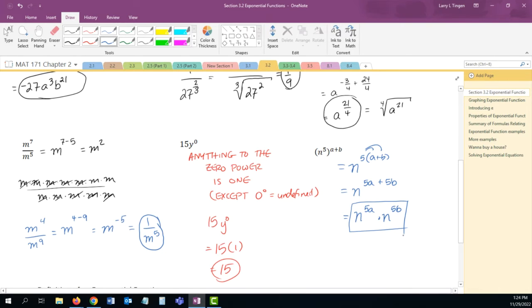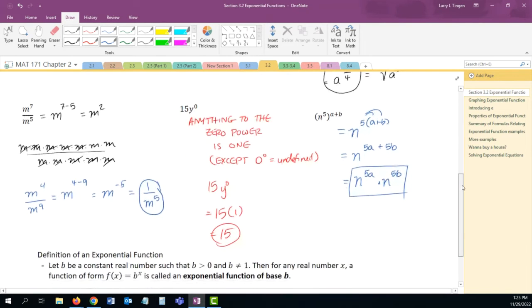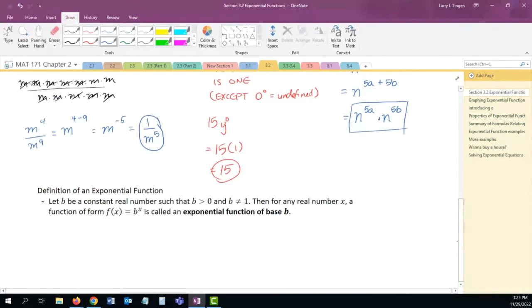If you have one factor that has addition in the exponent, you know to break that. That can be broken up into multiplication. If you have one factor that has a fraction in the exponent, you can break it down into its root and its power. All right, so these are just the main rules from exponential functions.